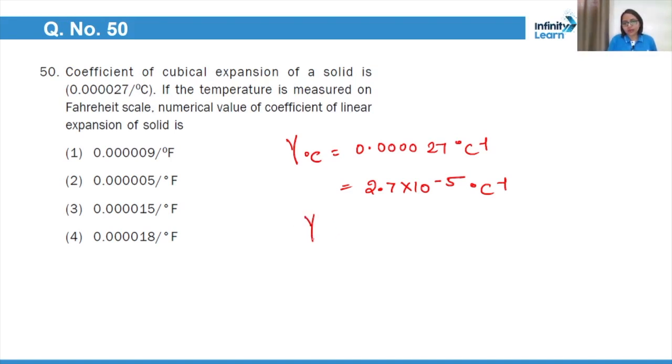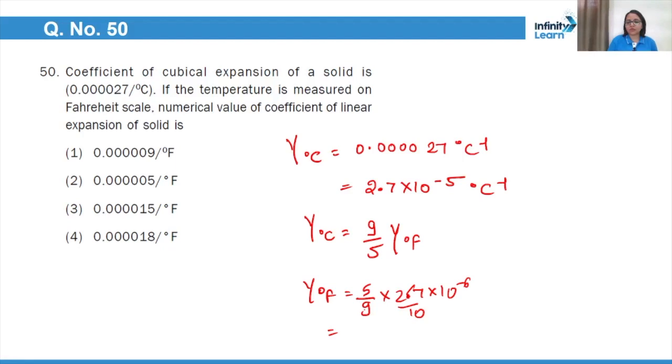So gamma on the degree Celsius scale is equal to 9 by 5 times gamma in degree Fahrenheit scale. Okay? So gamma in degree Fahrenheit will be 5 by 9 into 2.7 into 10 power minus 5, which is gamma in degree Celsius. So this is 3, so we have 1.5 into 10 power minus 5 degree Fahrenheit inverse.